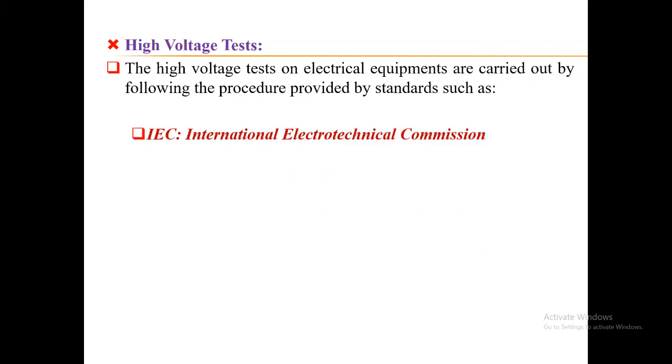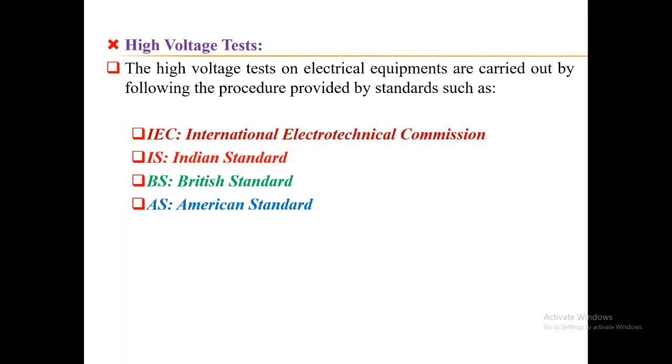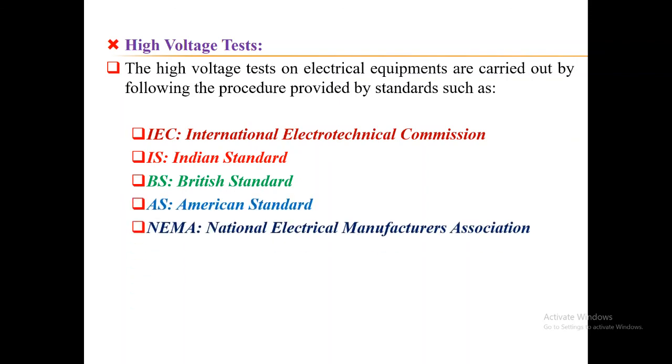The standards normally adopted by high voltage laboratories to perform high voltage tests are the IEC, International Electrotechnical Commission; IS, Indian Standard; BS, British Standard; AS, American Standard; NEMA, that is National Electrical Manufacturers Association; and IEEE, Institute of Electrical and Electronics Engineers.